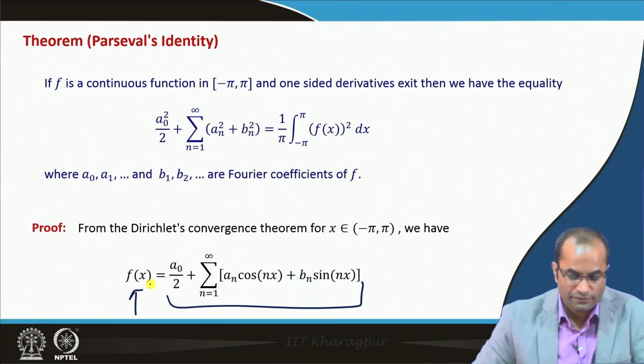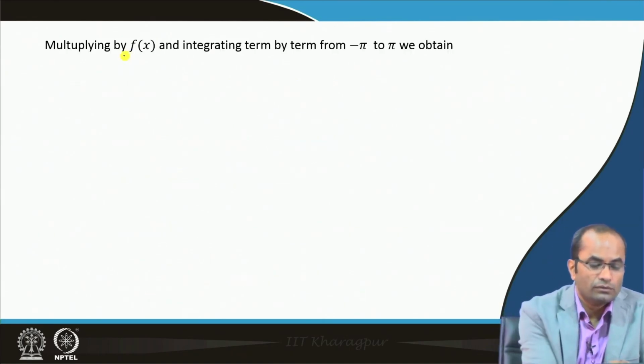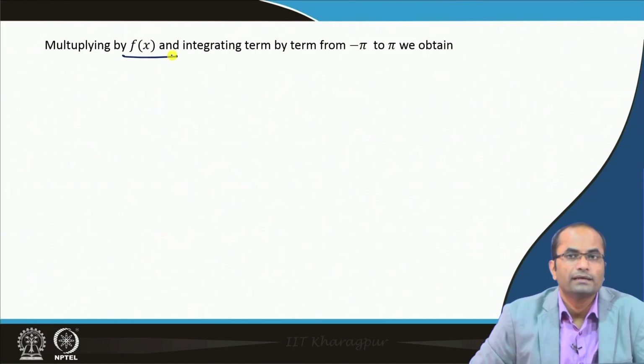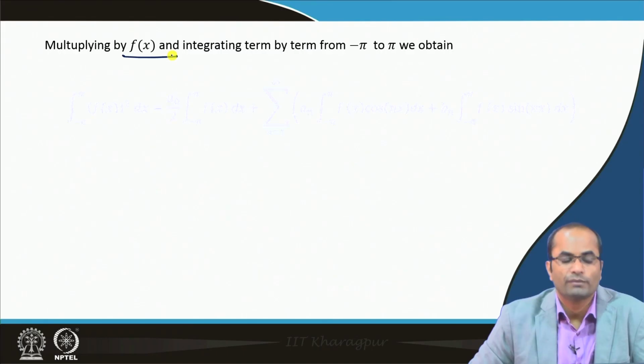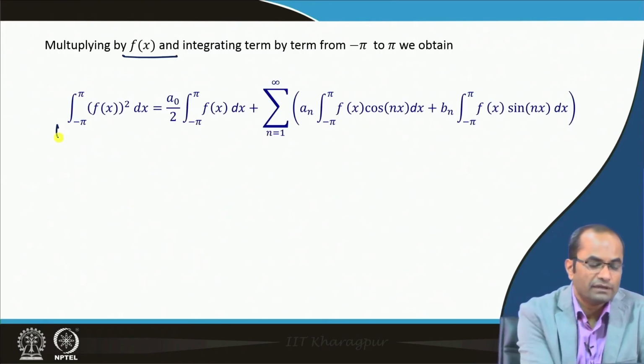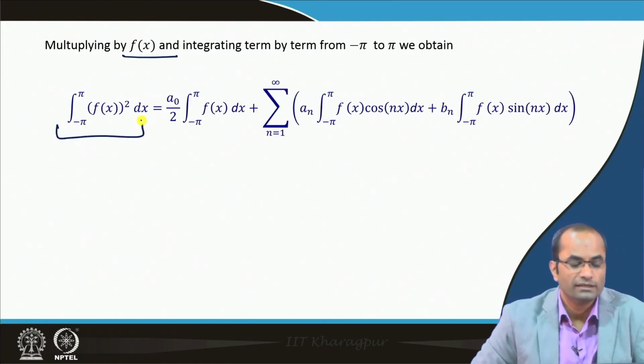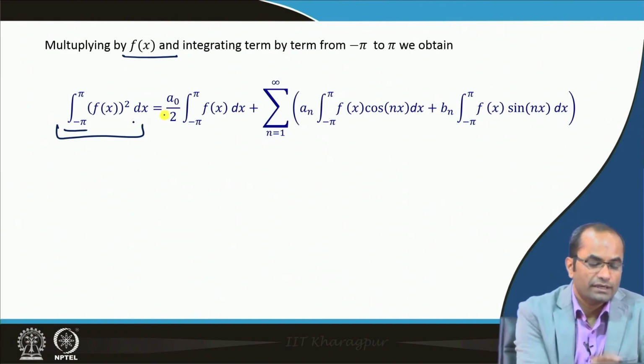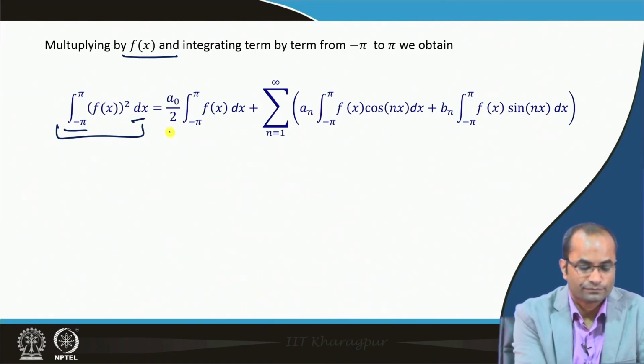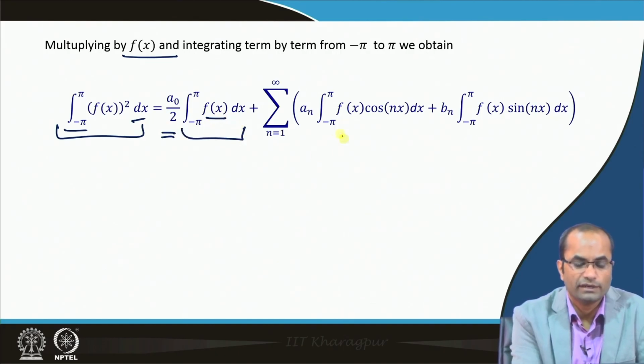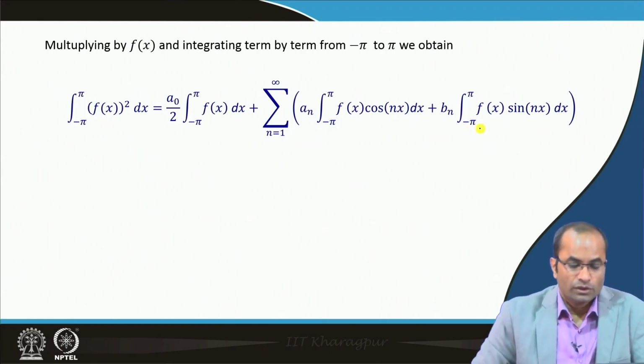converges to this f x, and now we multiply this above equality by f x and then integrate term by term from minus pi to pi. On the left hand side we will get f x square, and then when we integrate we have this expression here. On the right hand side we have a naught by 2 multiplied by f x and then integrated. Similarly, here also we have multiplied by f x and then integrated.